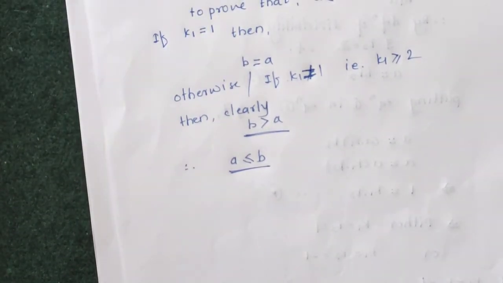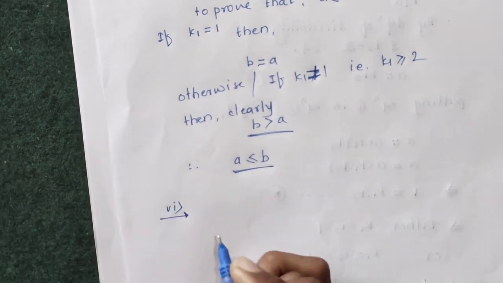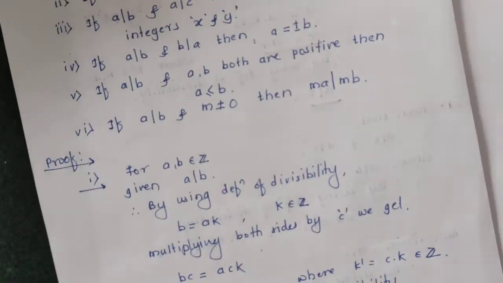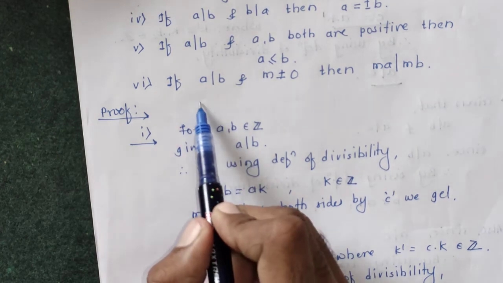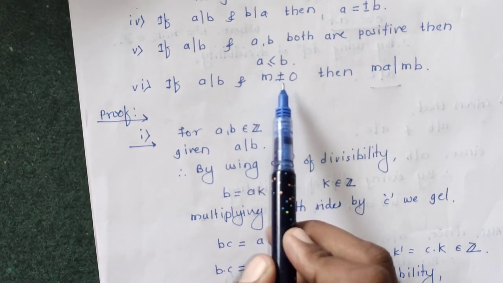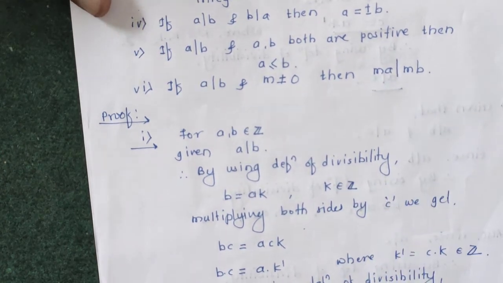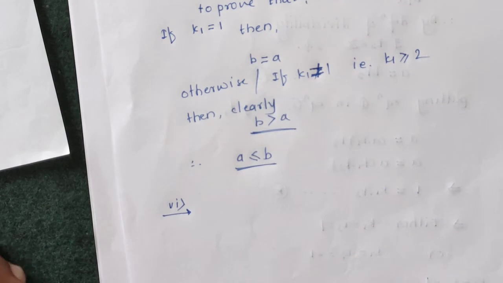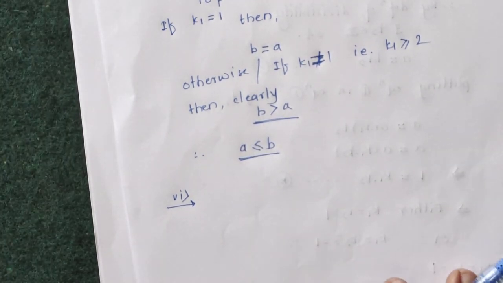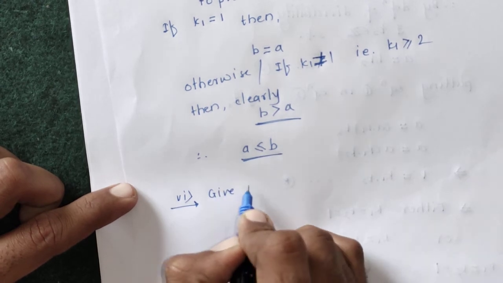Now, the proof of the sixth one. Our sixth statement is, if A divides B and M is a non-zero integer, then MA divides MB. This is the simplest one. First of all we have to write the given things.